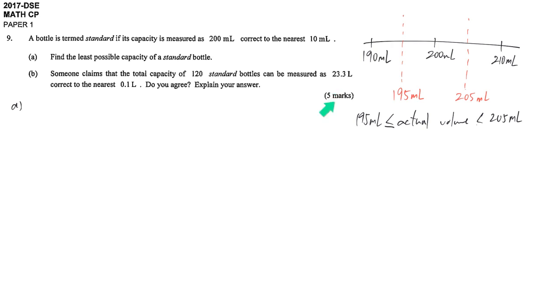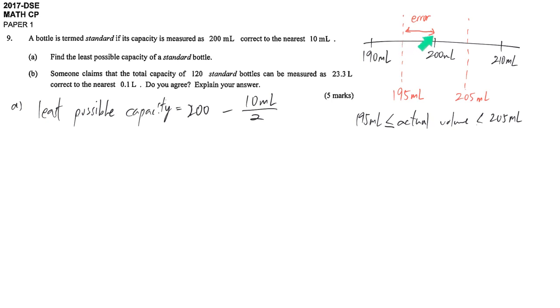Because there are 5 marks in this question, you better write some steps to show your understanding. It is equal to 200, and then we minus the interval 10 ml divided by 2. 10 ml divided by 2 is talking about this range. This range is the error. If you consider the maximum, the longest error is just half of the interval, because if it is more than half of the interval, you consider it another value.